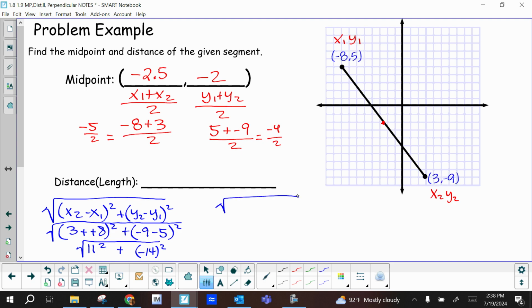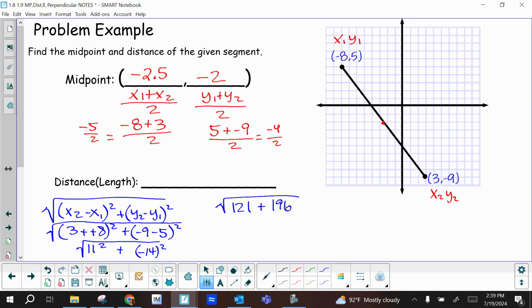I'm going to start working over here. 11 squared is 121. Negative 14 squared, think about what negative 14 squared is. That means negative 14 times negative 14. What's a negative times a negative? That is a positive. Okay, so anytime you square something, it's always going to be positive.